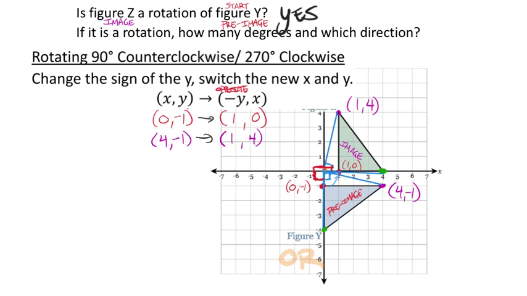And then finally the green ordered pair, which in the preimage would have been at 0, -4, and then the image was at 4, 0. So did that one work? Well, again, we start with an ordered pair of 0, -4.